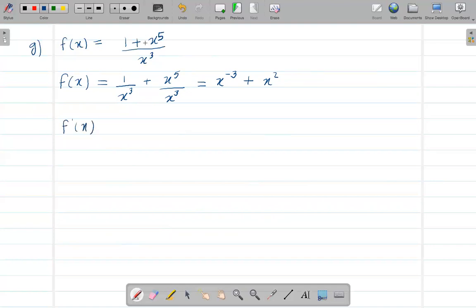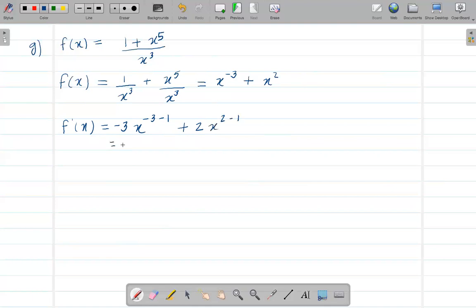Now I don't have any fraction like this, so I can take the derivative of these two separately. For the first one, the negative 3 is going to come to the front, x to the power negative 3 minus 1, plus 2 to the front, and x to the power 2 minus 1.